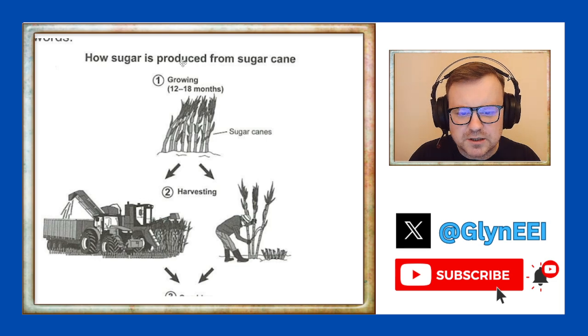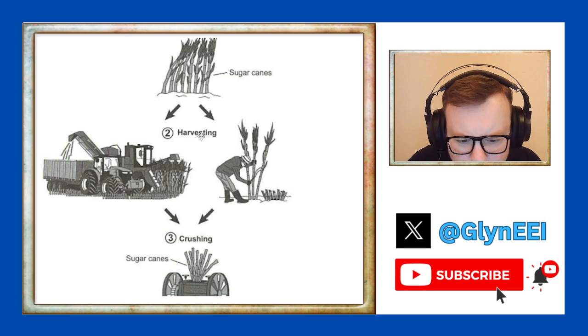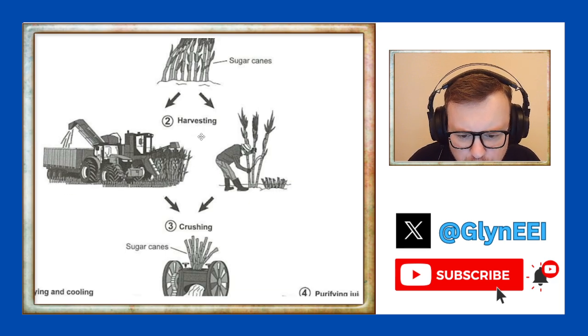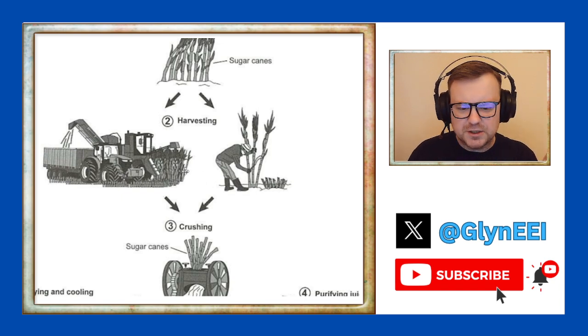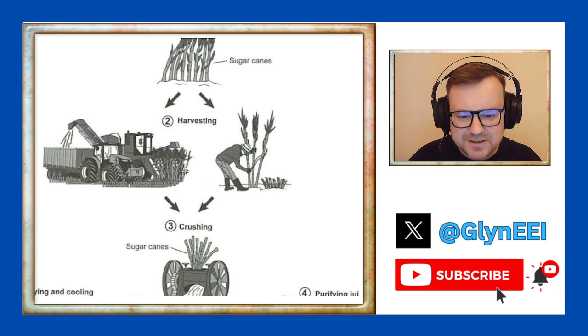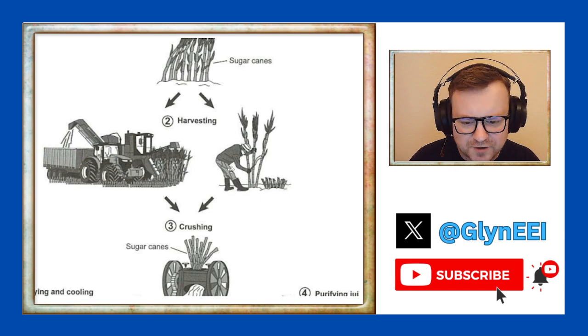So we can see that the first step is that these sugar canes grow in the field. And then the second step, what's going on here? We have two things. The harvesting. Now, what is this? Okay, so these sugar canes are being cut. And it seems to me that there are two ways of harvesting.